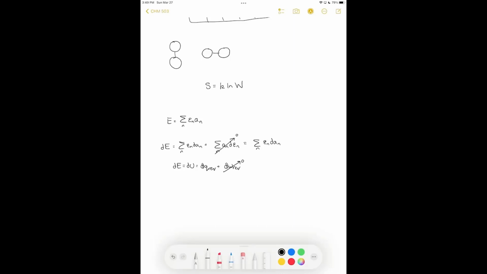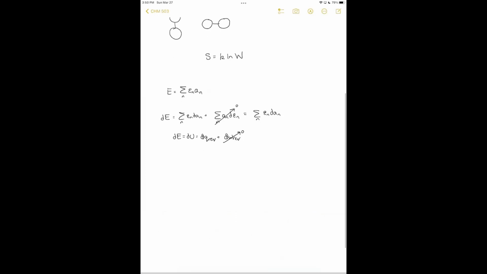So that means that this dE here is simply equal to the heat, and here we can bring in the thermodynamic definition of entropy. So entropy dS, the change in entropy, is equal to dq reversible over T, which in this case is simply equal to dE over T.